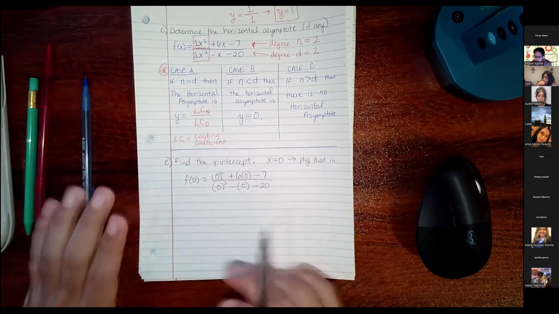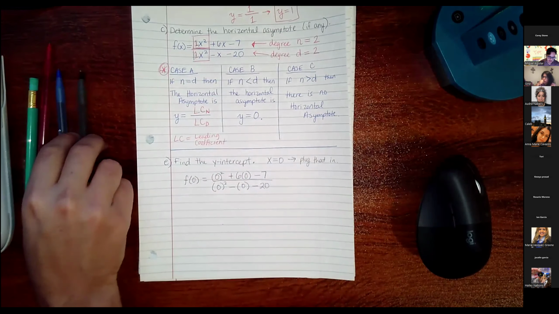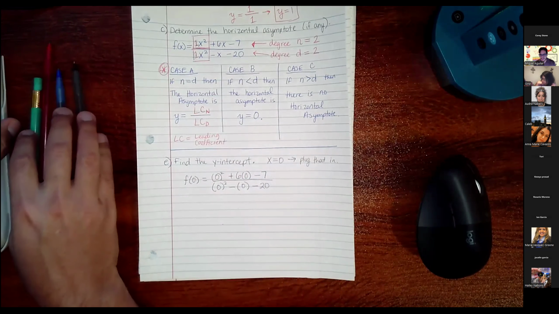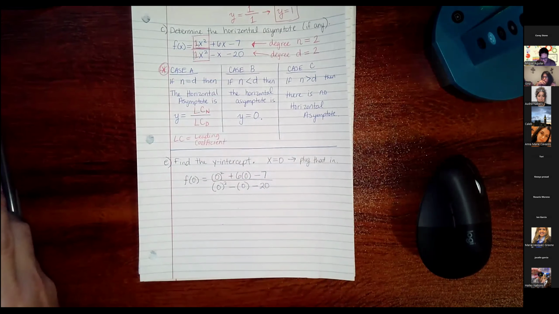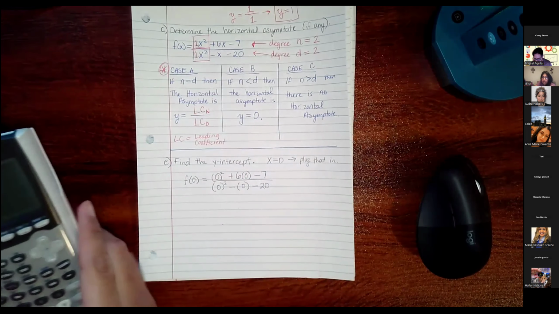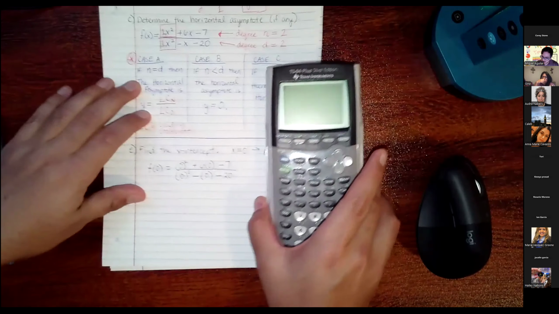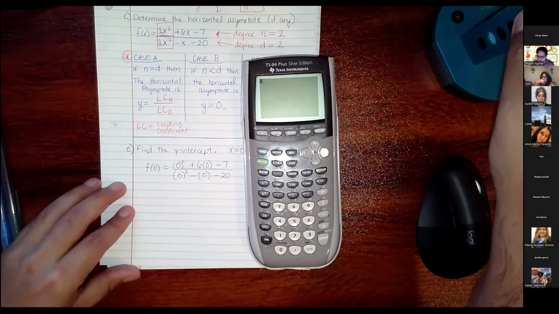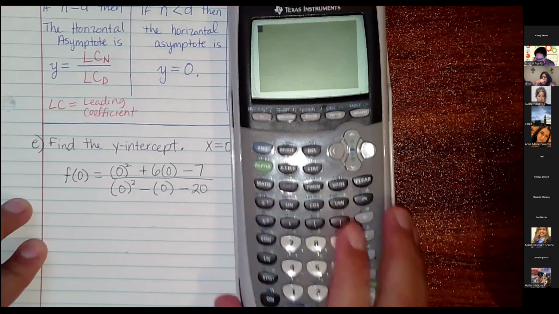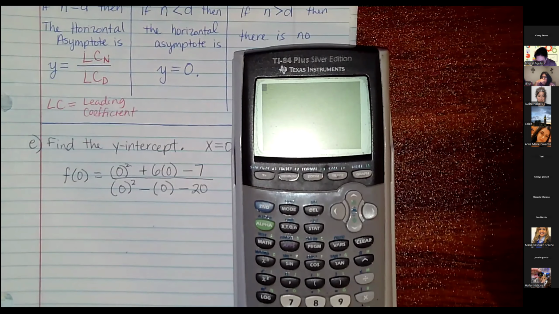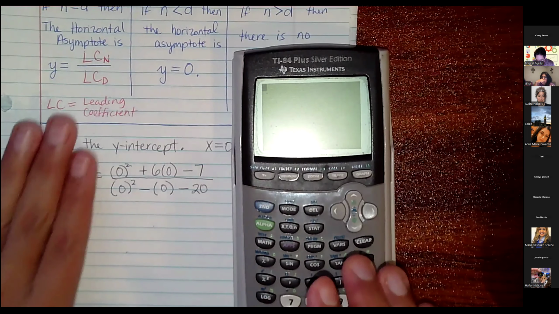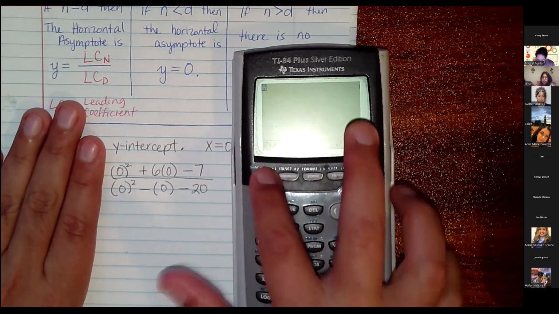And if this looks super intimidating, what are we going to do? Calculator. We're going to grab the calculator. If that feels like a really daunting task to do in your head, and if you're feeling burnt out by the end of the day, definitely grab that calculator. Don't be a hero. So I'm just going to put a fancy fraction in here.